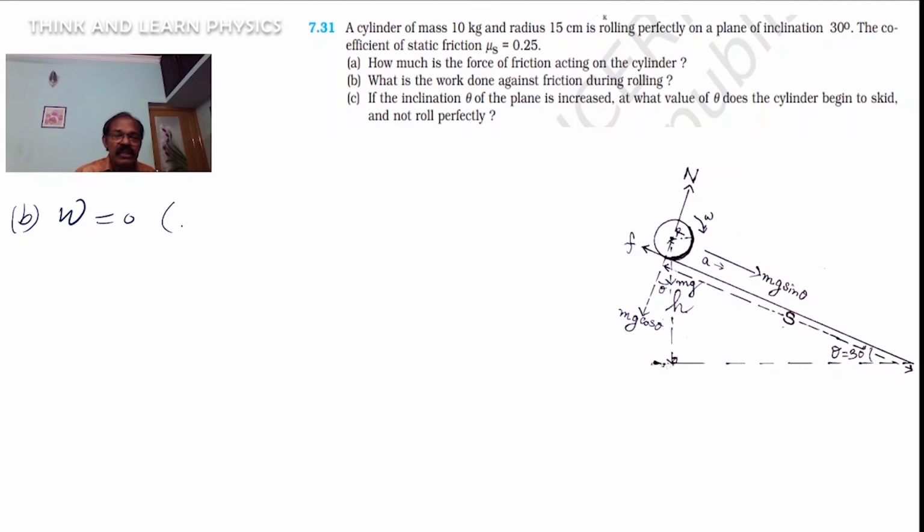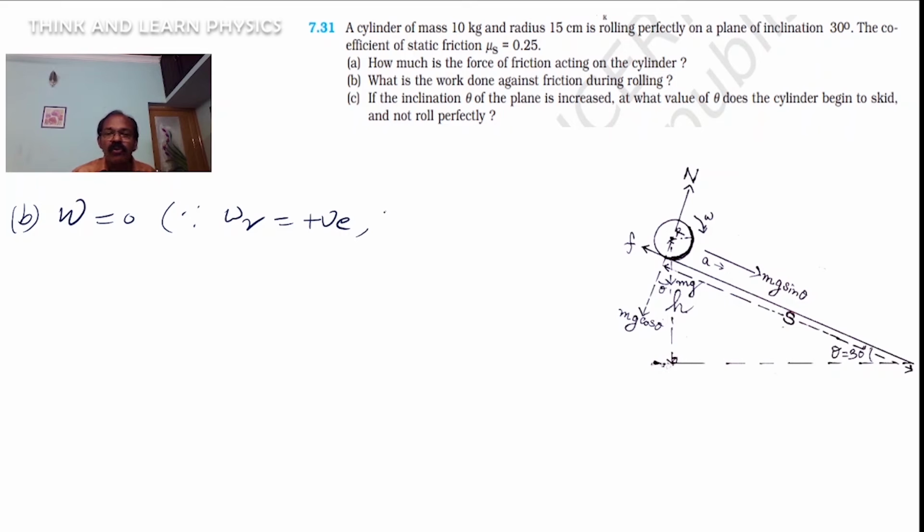The reason is that work done for rotation motion is positive. Why is it positive? Here the torque is clockwise and the angular displacement is also clockwise. So both the torque and the angular displacement are in the same direction, and hence the work done for rotation will be positive.